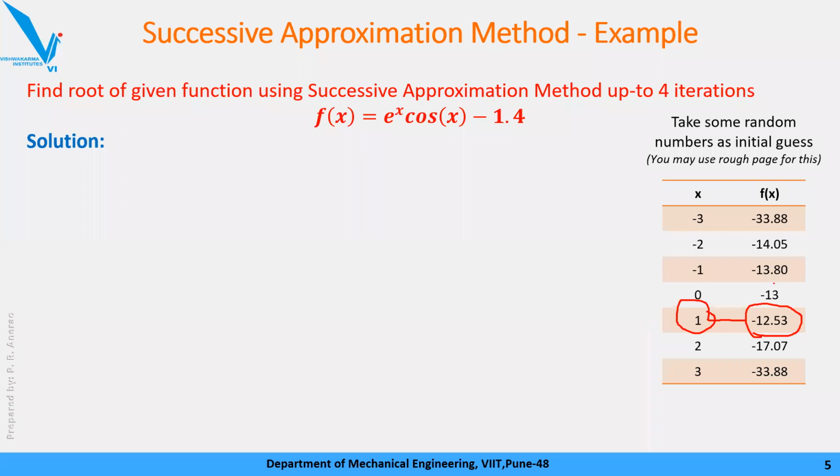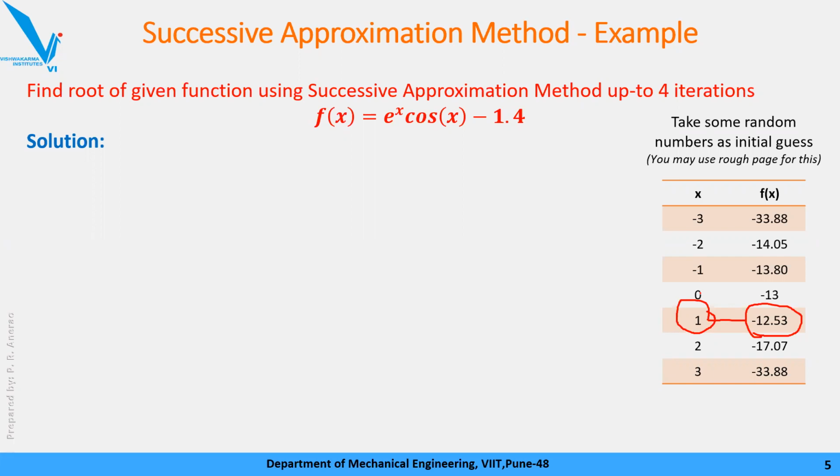Otherwise, what will happen? The students who take 0 will get a different answer, around 0.43, and the students who take 1 will get an answer of 1 point something, because there are two roots close to 1 and 0.